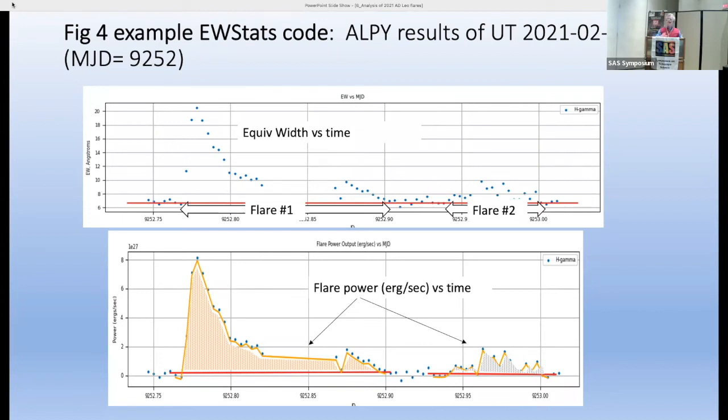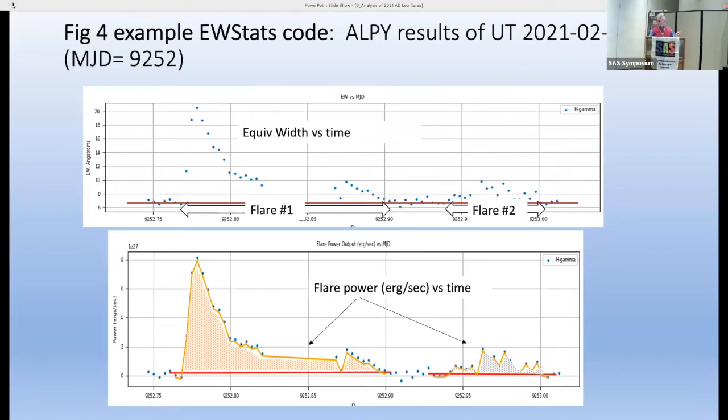Flare detection was a purely subjective eyeball assessment of did it flare and when did it start and when did it end. That obviously needs to be put on a little more quantitative statistics basis. Probably be back next year to talk about that.